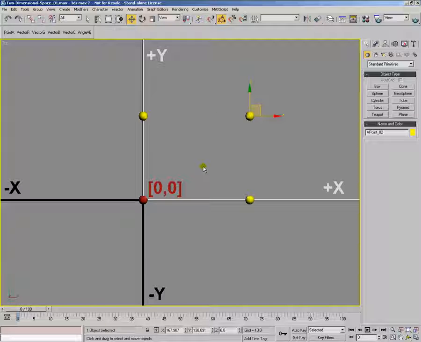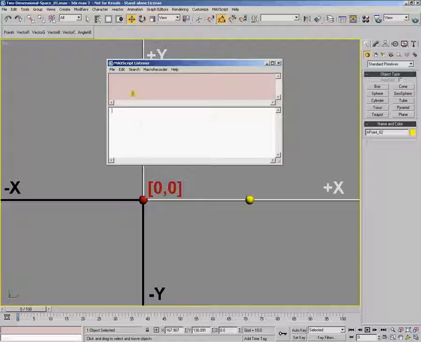In MaxScript, a two-dimensional point is expressed as a point2 value. A point2 value can be constructed by using the point2 constructor and then the two coordinates, or by just specifying the coordinates in rectangular brackets.